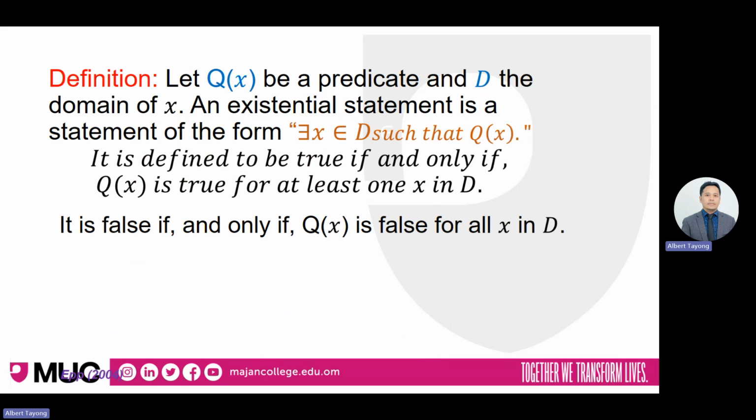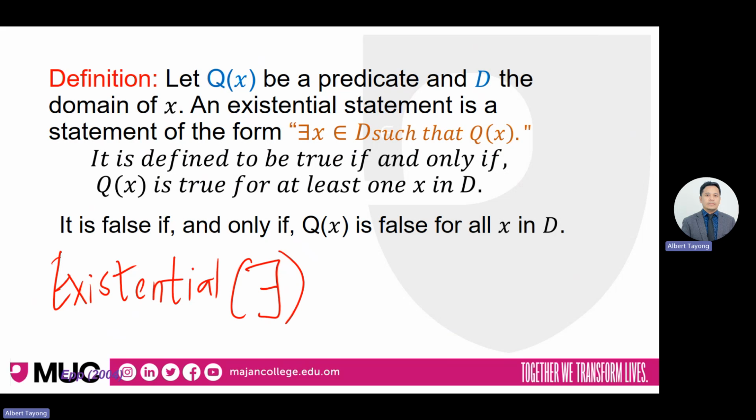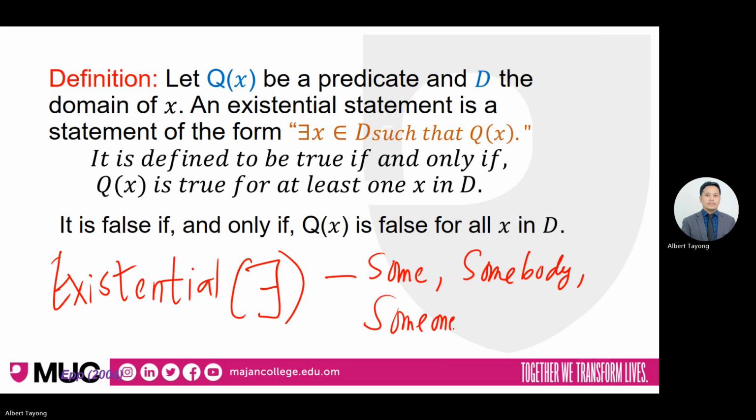Okay, so let's now proceed to the existential quantifier. The existential quantifier uses this symbol, and the most common words are some, somebody, someone, there exists, or there is a.